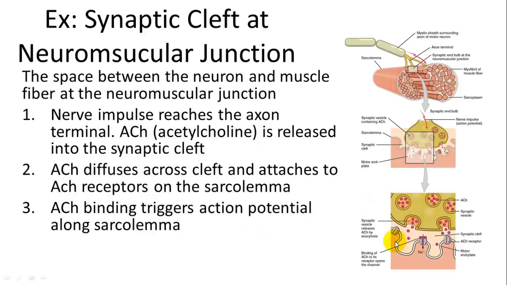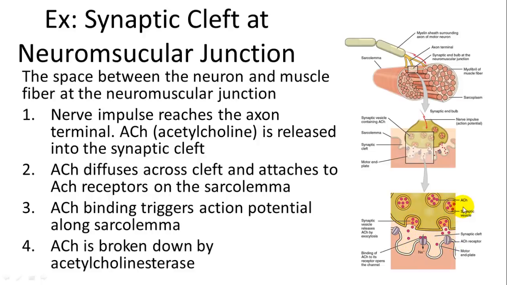That binding then triggers sodium to go through the channel, and that will continue until you have an enzyme, acetylcholinesterase, which will break down acetylcholine and then close that gate again. Okay, so here we have examples of both chemical and voltage regulated channels opening and allowing substances in.